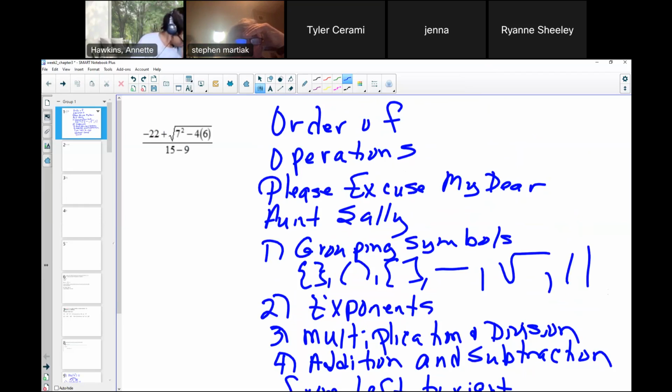So beneath this square root, we have an exponent and we have subtraction. So I need to do beneath there.